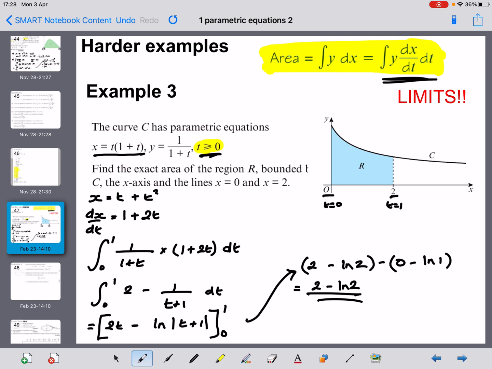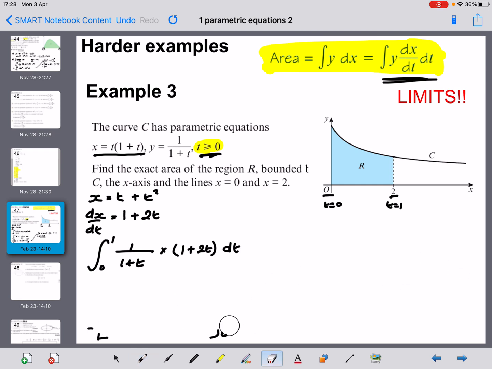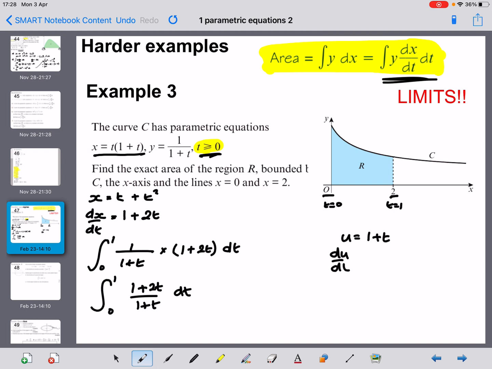If I decided to use substitution, I'll just go back to how I had it. I could let u equal 1 plus t. du by dt is 1, so du is dt. And then I could also say that t is u minus 1.